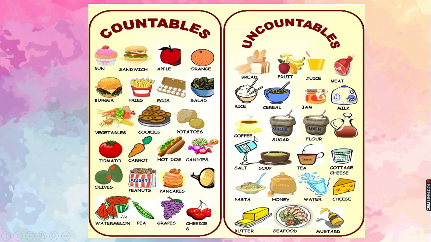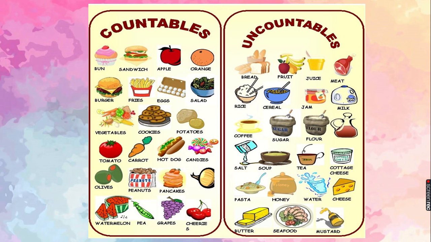Coffee. Sugar. Flour. I think this is syrup. Yeah, this should be maple syrup, the one you put on your pancake. Salt. Soup. We don't say chicken soups. We say chicken soup.